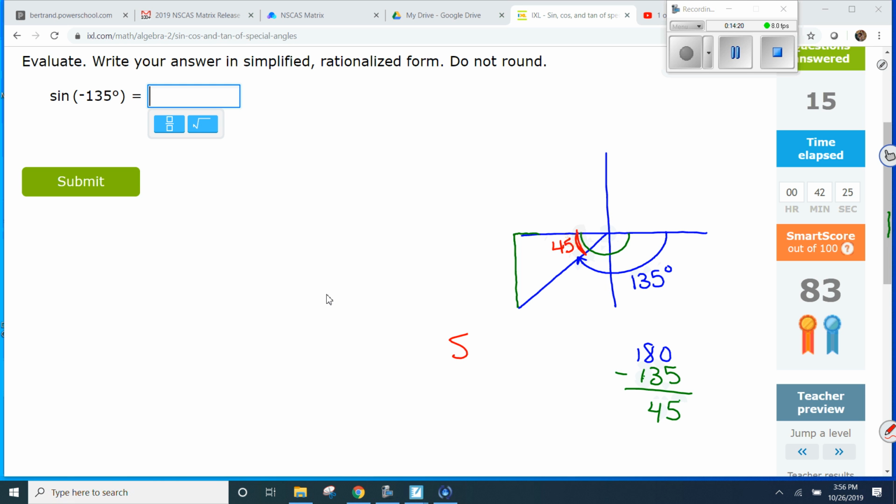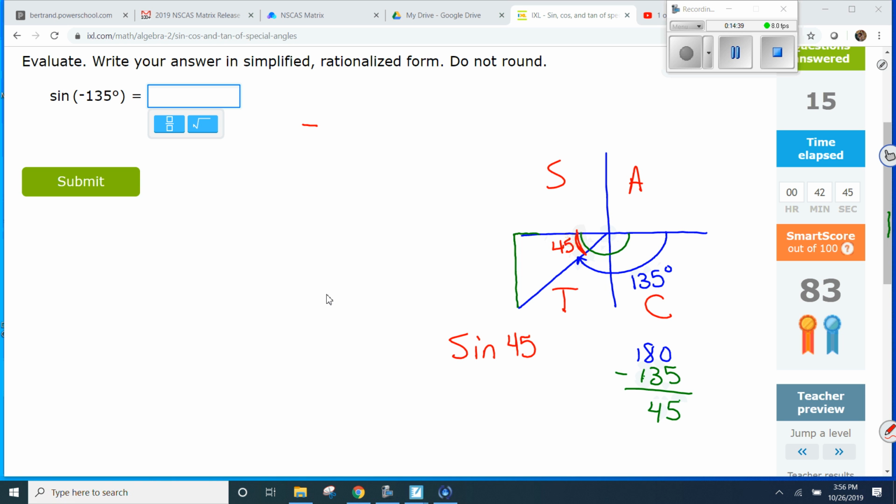They are asking me for the sine of 45 degrees. And then I figure out All Students Take Calculus. Tangent is the only trig function that's positive in that third quadrant. So I know my answer will be negative. And then we go with the sine of 45 degrees.